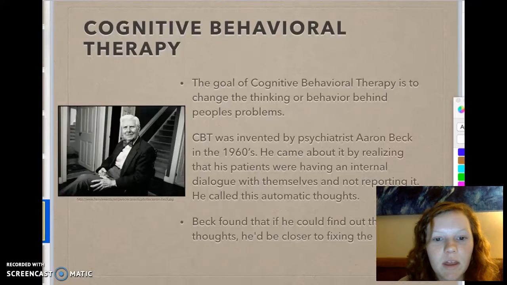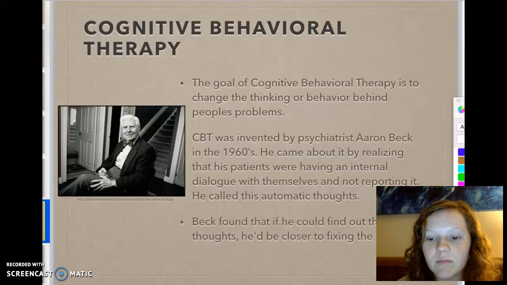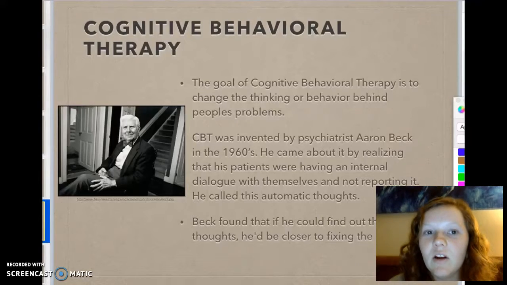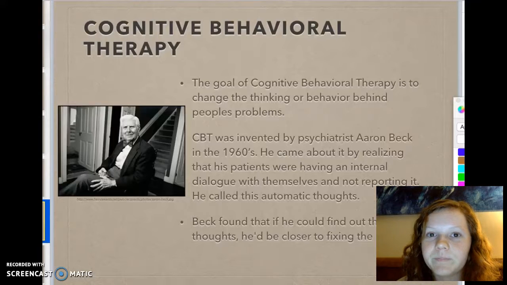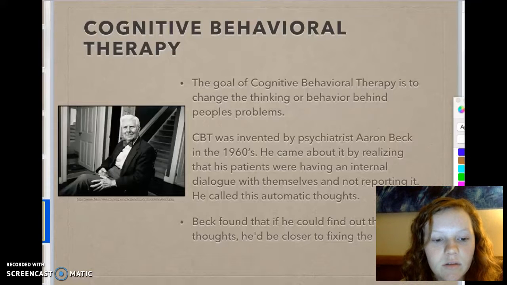The way he came up with it was he realized that his patients were having internal dialogue with themselves and not reporting this, and he called this automatic thoughts. So while in therapy, they were thinking all these things and not telling him about it, just keeping it wound up in their head. And he thought, if I can fix these thoughts, then I can fix this person's problem.